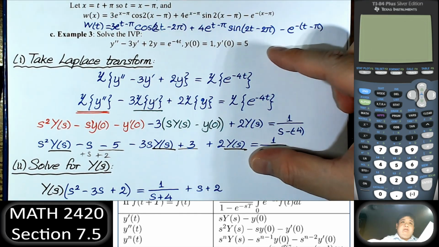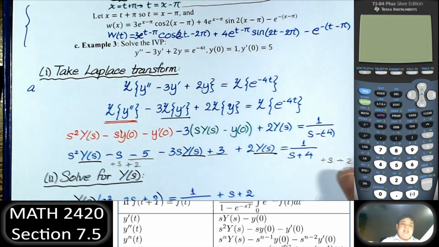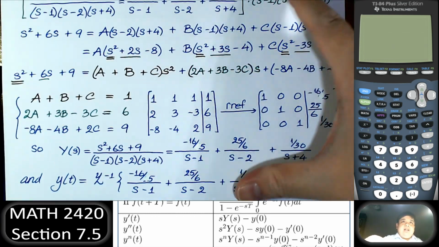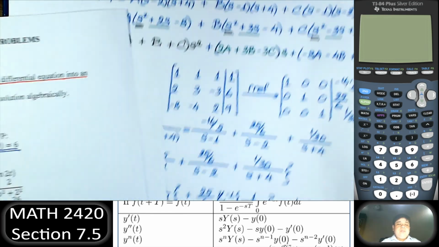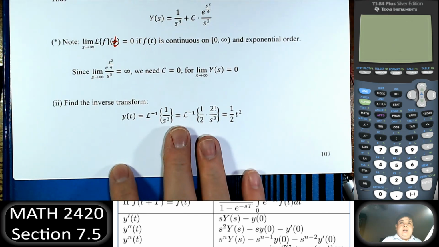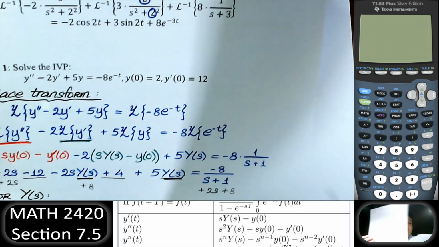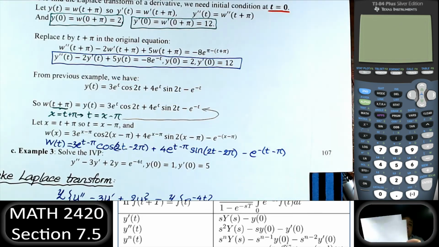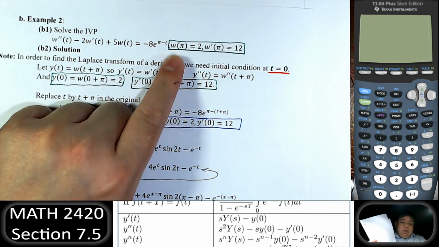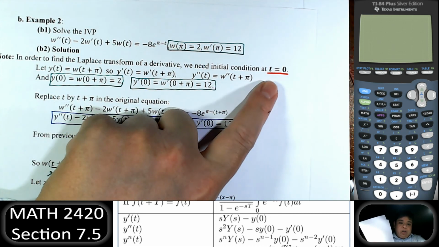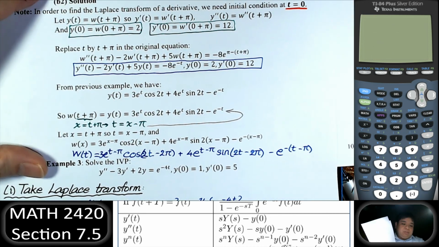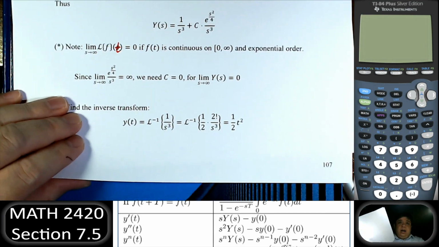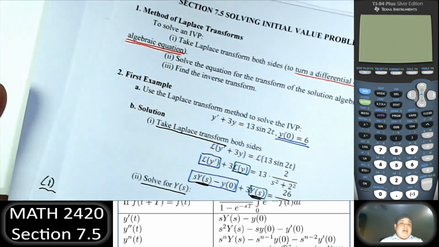Take the Laplace transform, solve for y of s, and then at the end apply the inverse Laplace transform to get back to the function of t. And on the rare occasion where the initial conditions are not 0, we need to change the equation and the initial condition accordingly. But that's all we have for this section.